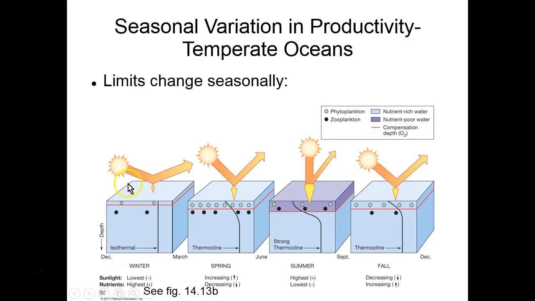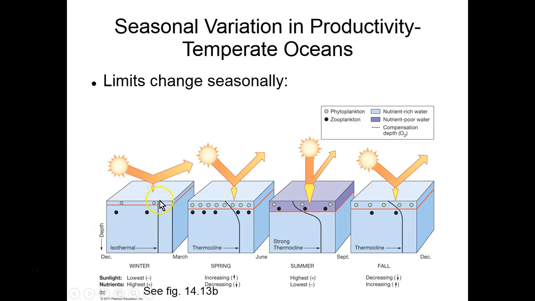We see that in the winter time, the sunlight is not hitting very directly, and therefore a lot of it is reflected. And so the sun doesn't penetrate very deep. It's very shallow. So in the winter time, there's not a lot of solar radiation.